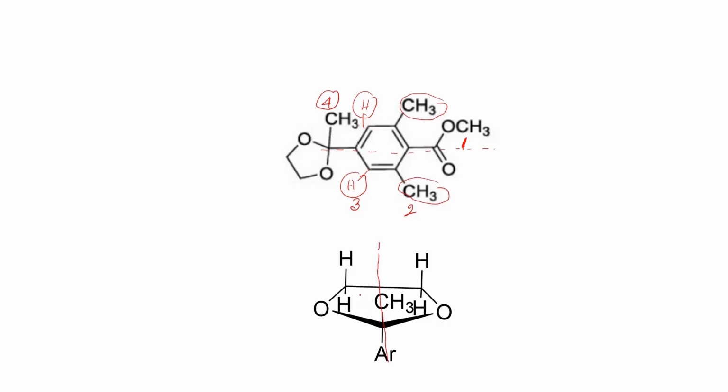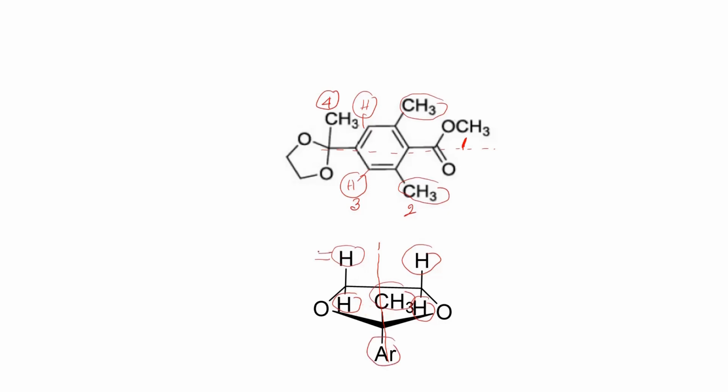So in this case, these two CH3 groups, this H and this H are chemically equivalent due to the sigma plane. Similarly, this H and this H are also equivalent due to the sigma plane, but these two H are not equivalent, because this hydrogen is syn to the CH3 and anti to the aryl.